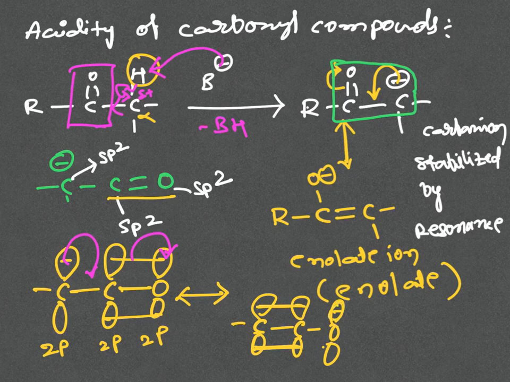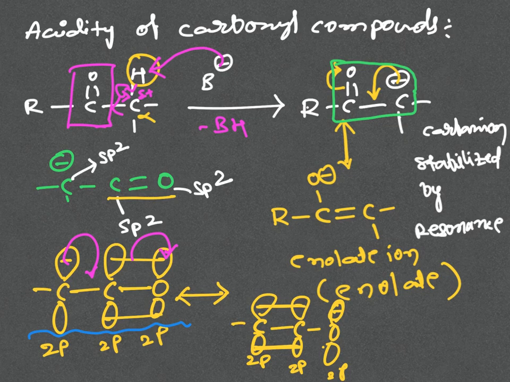and here also all are 2p atomic orbitals, and all three atomic orbitals are present in the same plane, and these are the same atomic orbital. As a result, we can see a perfect overlapping.